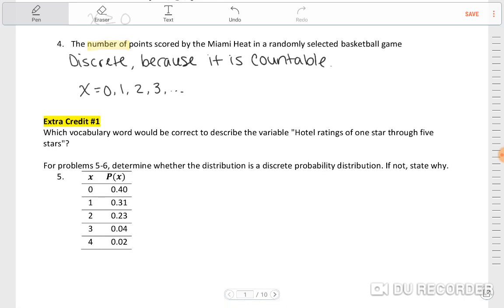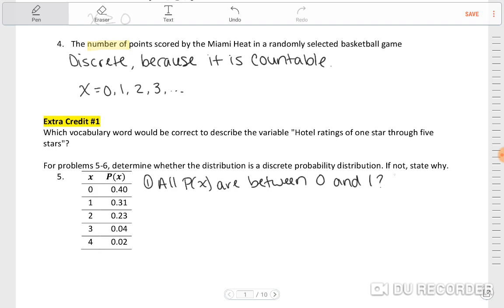Okay, for problems 5 through 6, determine whether the distribution is a discrete probability distribution. If not, state why. So 2 things we have to verify is that our probabilities add up to 1, but more importantly that each of them, I guess not more importantly, it's the same importance, but each one of these has to be between 0 and 1. So first thing, all probabilities are between 0 and 1.